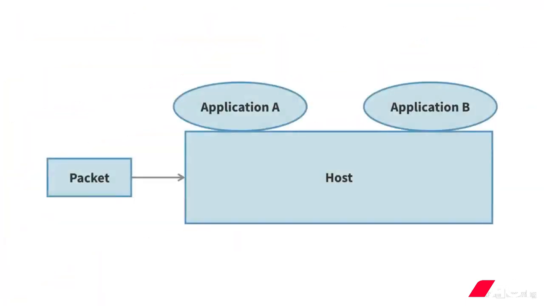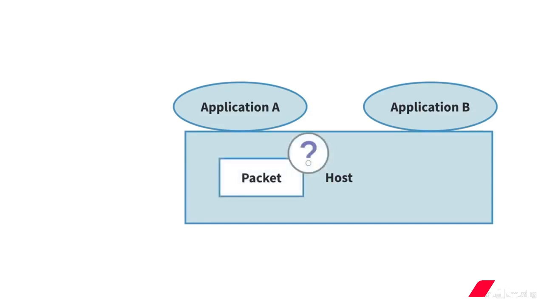Once a packet arrives at its destination, the host on the receiving side needs to know which of its applications is supposed to process it. When deciding where to forward the packet it receives, the host may have dozens of choices, including a web server and a file server.